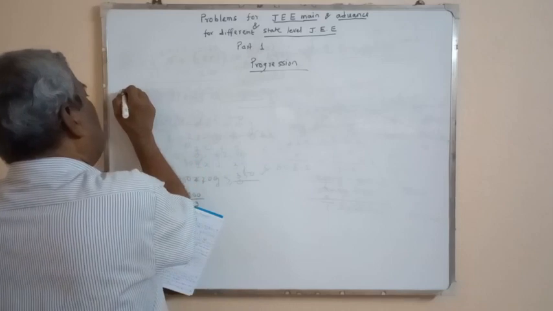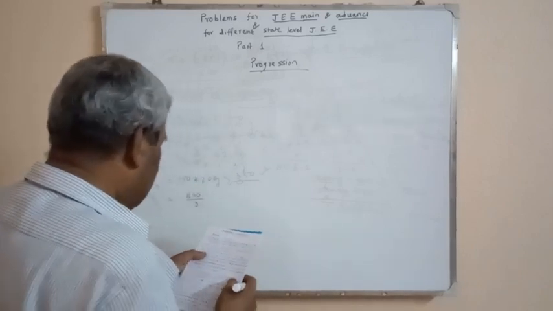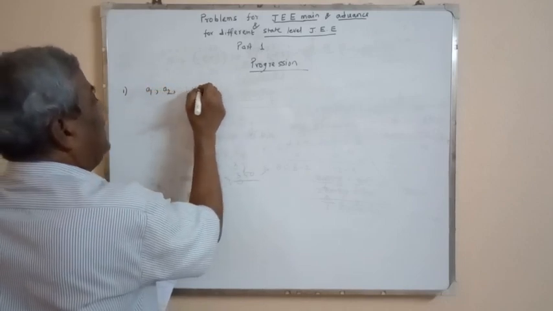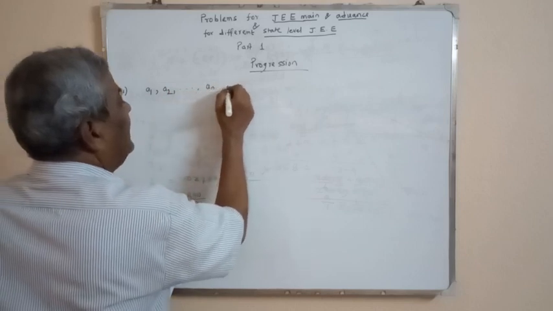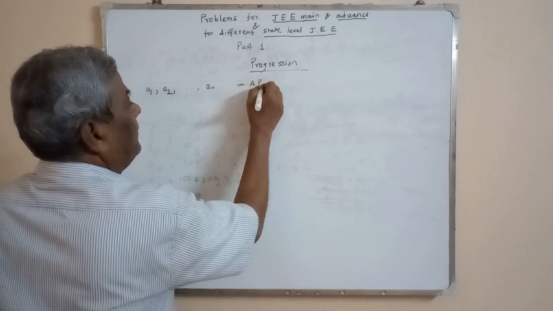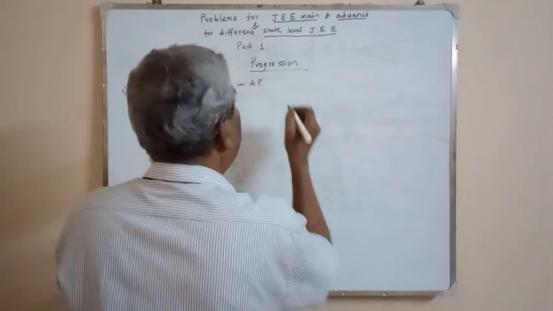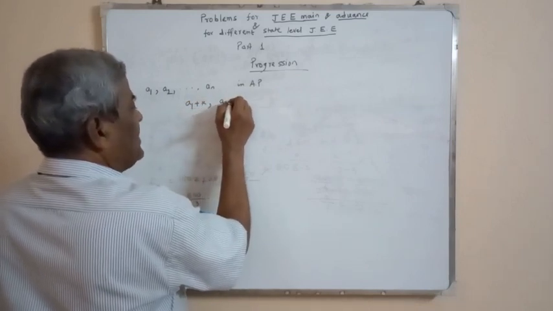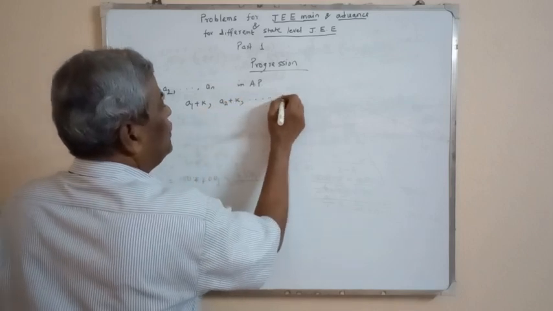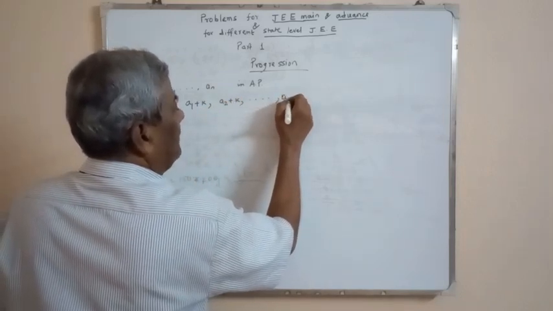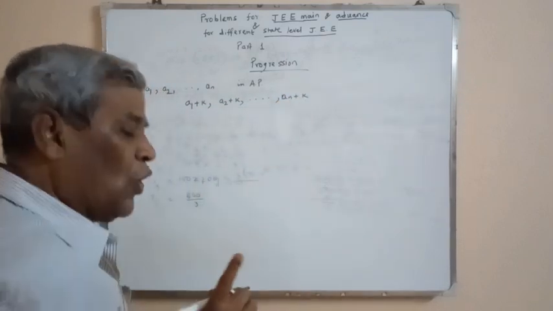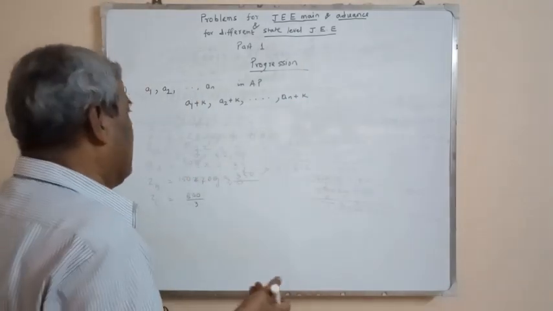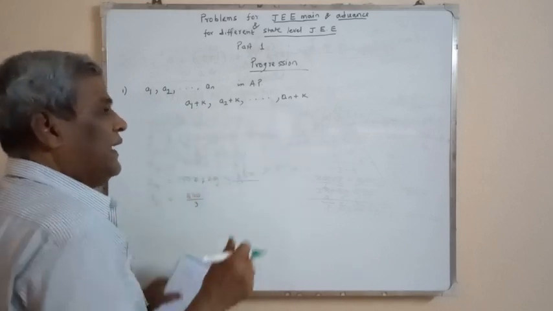Arithmetic progression. Number one, if A1, A2 up to AN are in AP, then A1 plus K, A2 plus K up to AN plus K, that is, if a constant term is added to each of the terms in AP, then the resultant series will be again in AP.